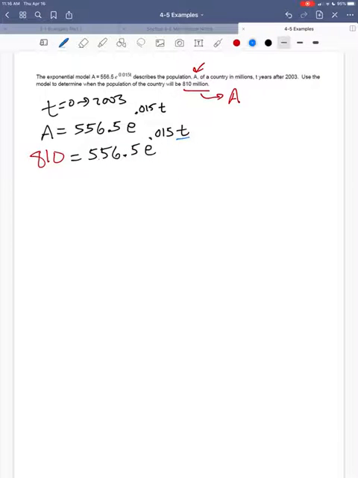Essentially what I have to do is isolate that blue box. I want that by itself. So to make that happen, I'm going to divide both sides by 556.5.